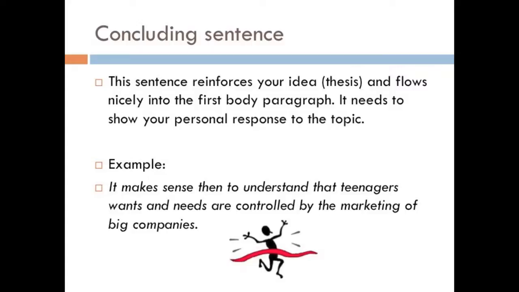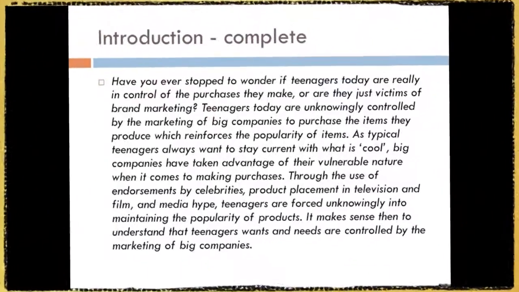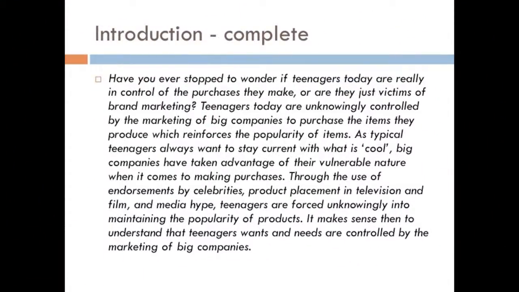So let's read our introduction as one. So here's our completed introduction. Have you ever stopped to wonder if teenagers today are really in control of the purchases they make, or are they just victims of brand marketing? Teenagers today are unknowingly controlled by the marketing of big companies to purchase the items they produce, which reinforces the popularity of items.